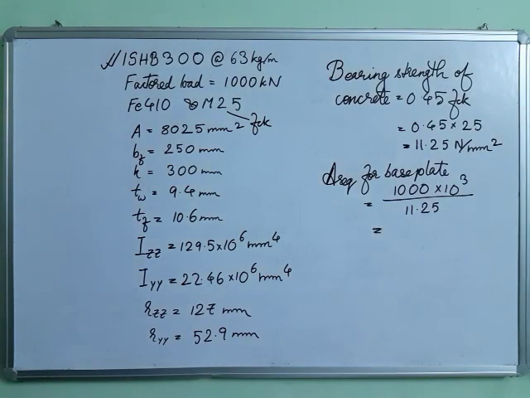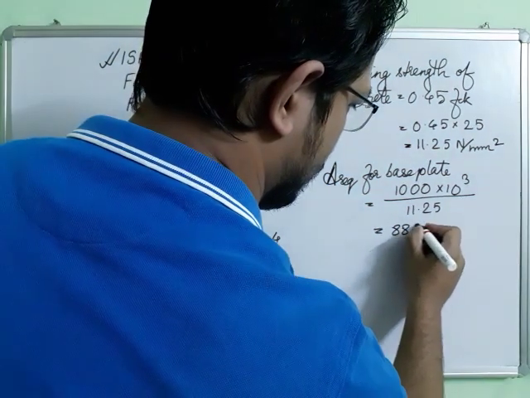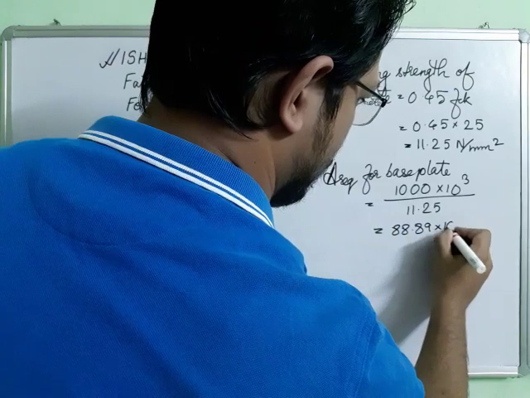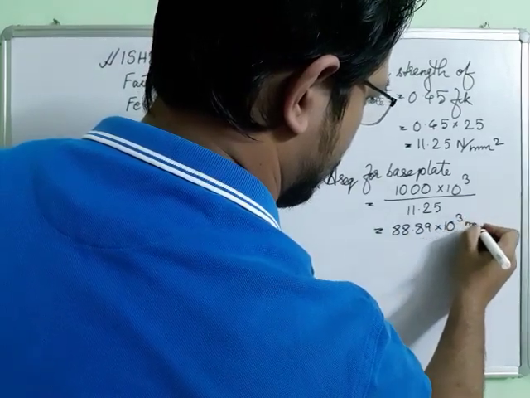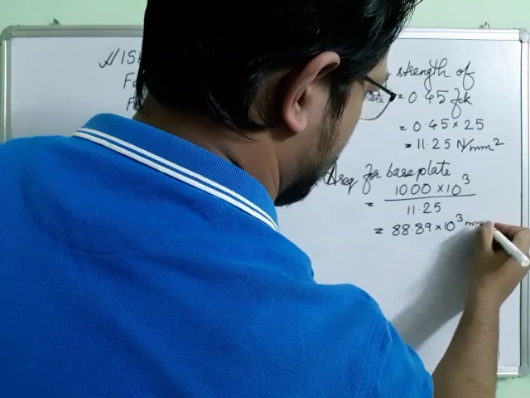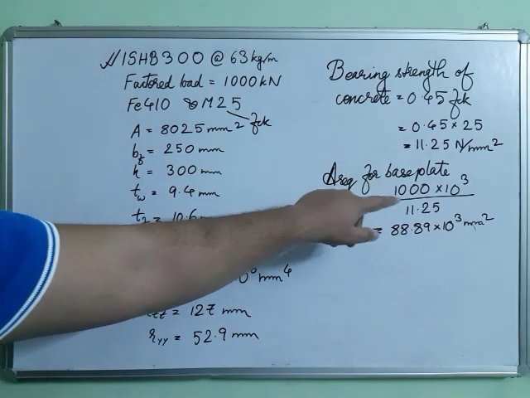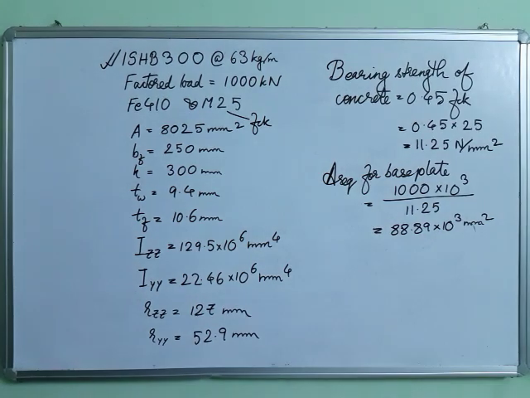So how much it will be? Isn't it? So the area required for the base plate is the load divided by the bearing strength of concrete that we have got.